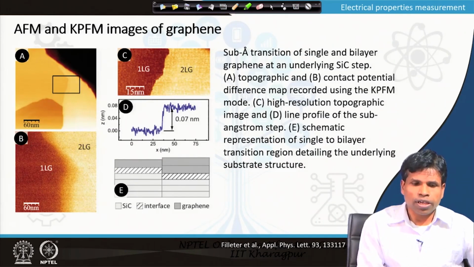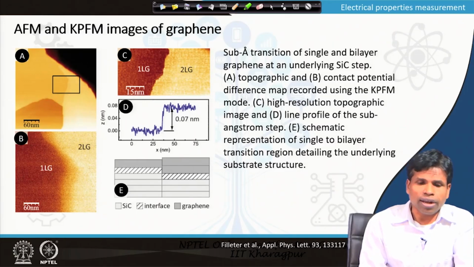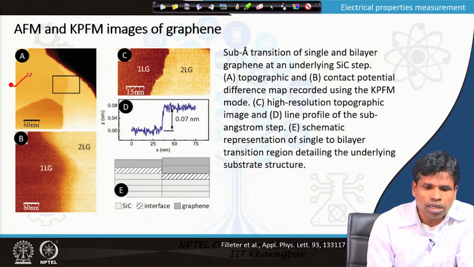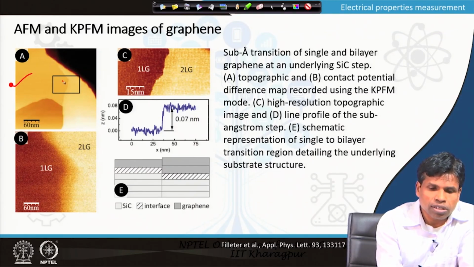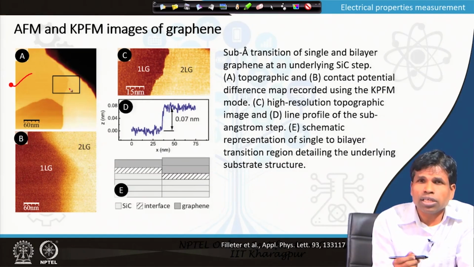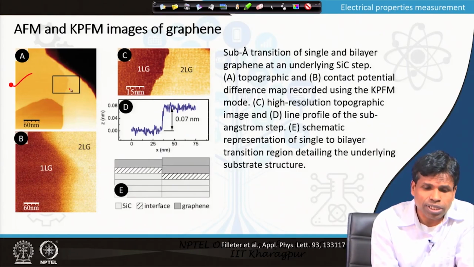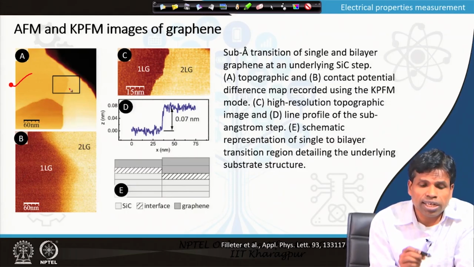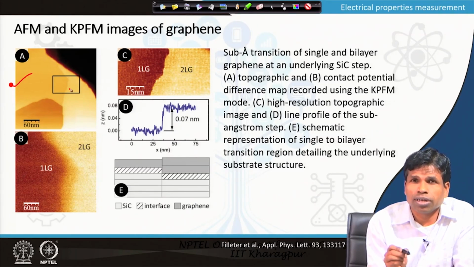Here is an atomic force microscopic image and a Kelvin force microscopic image of graphene. In the left one, what you see is a contrast difference that indicates a height difference, and that height difference may be due to the same material or to different materials. In this particular case, the atomic force microscope cannot tell whether it is the same material or a different material.